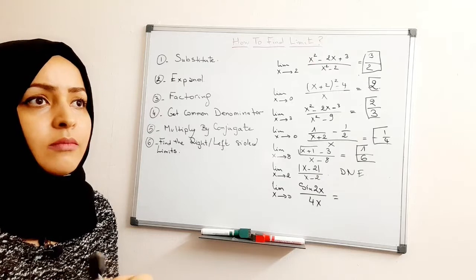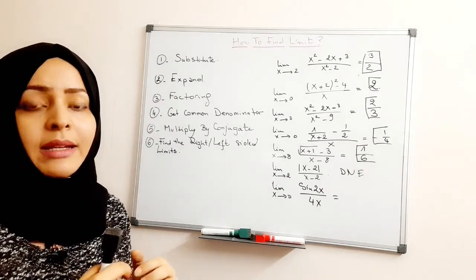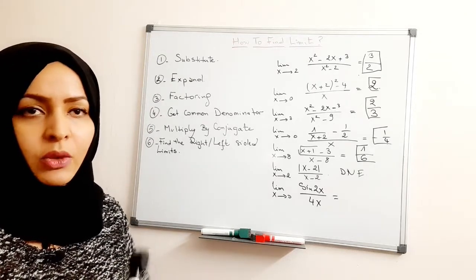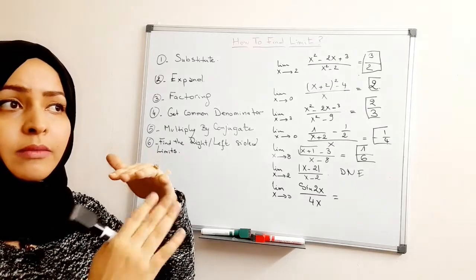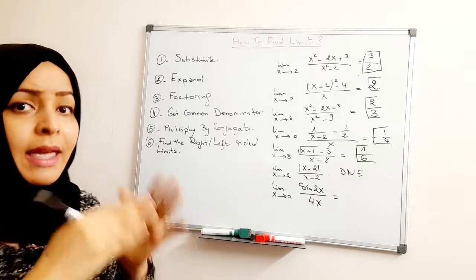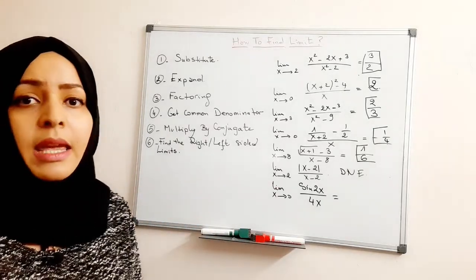And as I said, sometimes if the function is discontinuous at that point, we cannot just substitute by the value, but we have to evaluate the right-sided limit and the left-sided limit, as we have seen in the last example.